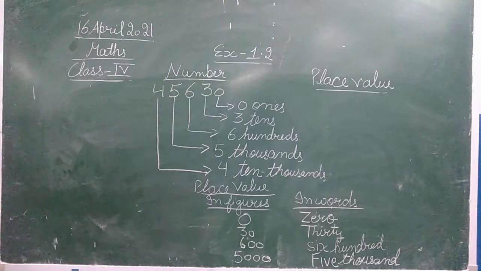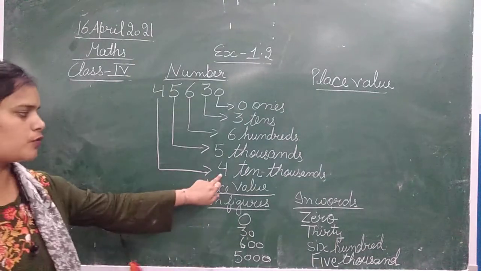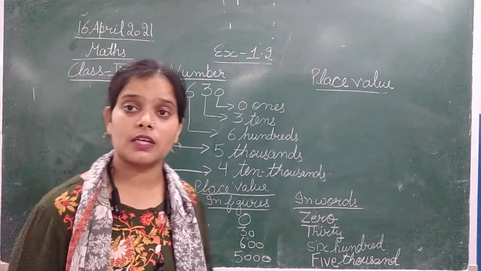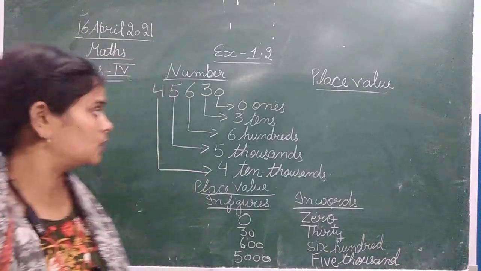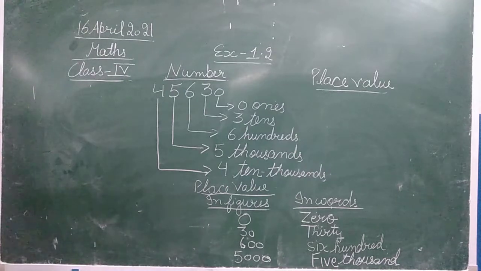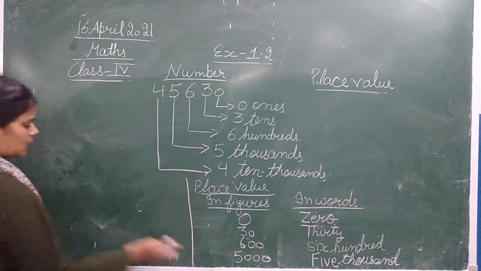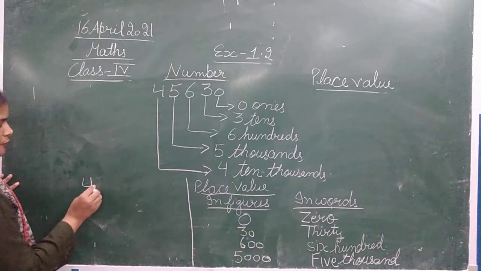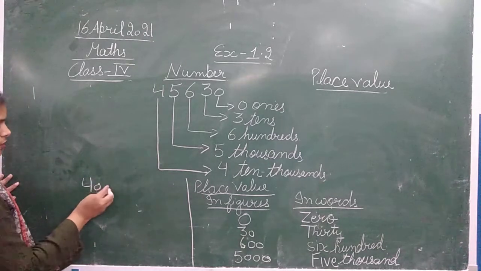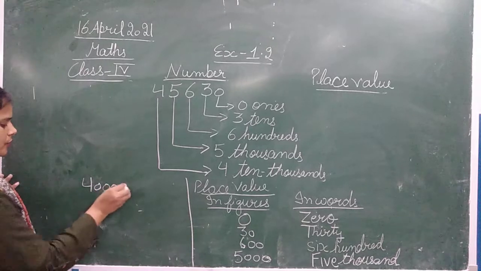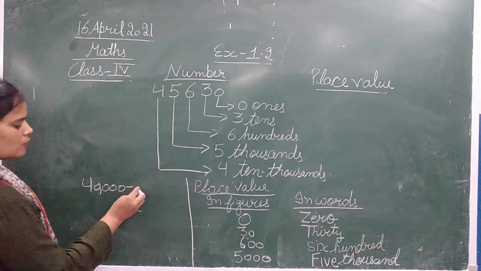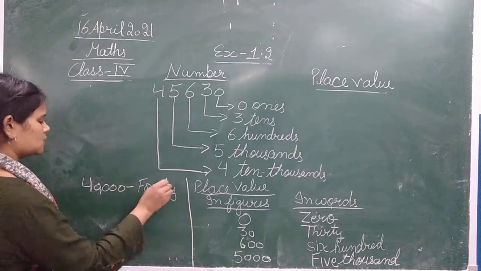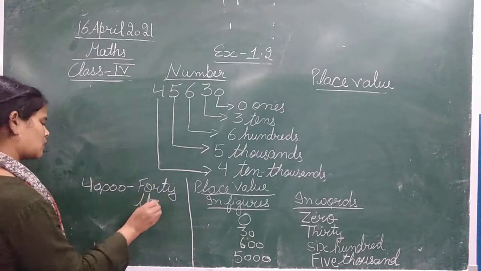Next देखिए last is 4, 10,000. So how many zeros are there in 10,000? That is 4. So 4 वाला बेटा मैं यहाँ लिख रही हूँ. That is 10,000, 4 zeros. 10,000 में 4 zeros होती हैं. 1 2 3 4. That became 40,000. ये कितना हो गया? 40,000.